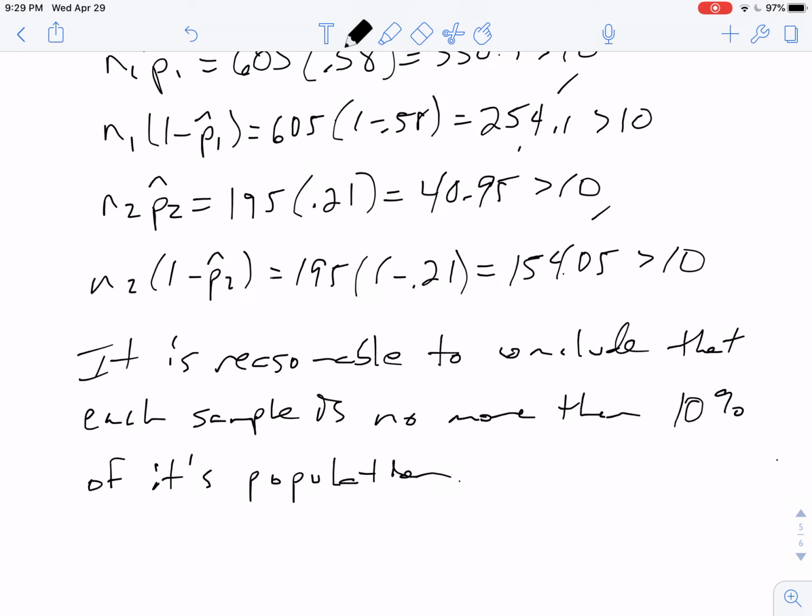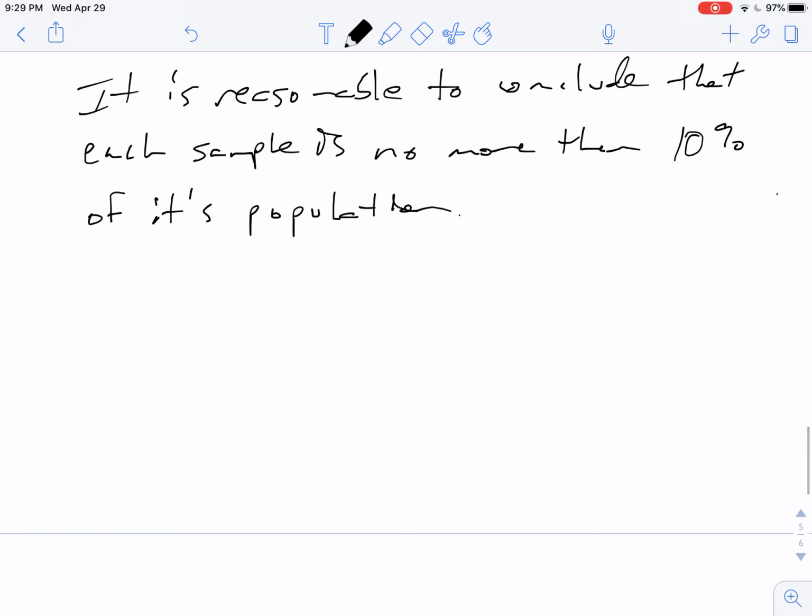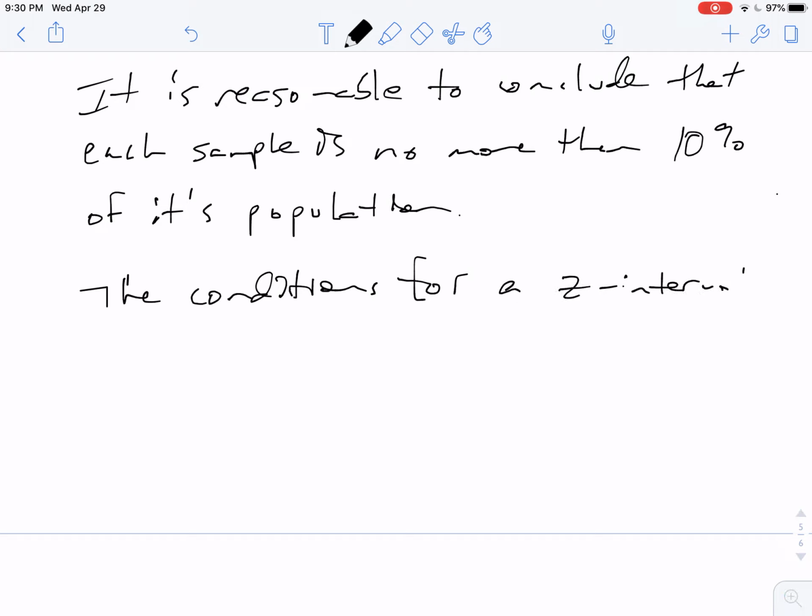Okay, so that independence condition is met. All right, then what I usually do at the end of step 2 is name my procedure. So I'll say the conditions for a Z interval for P1 minus P2.